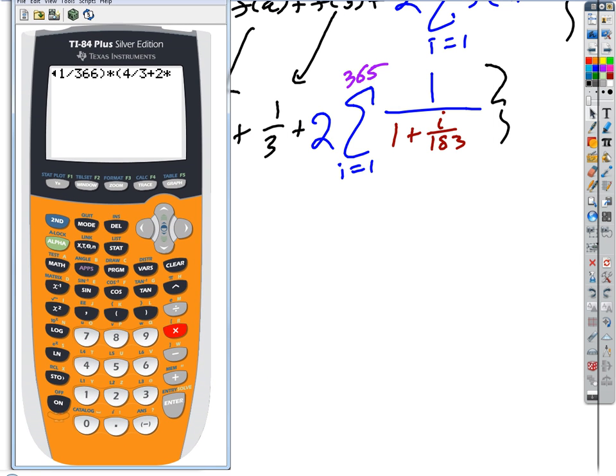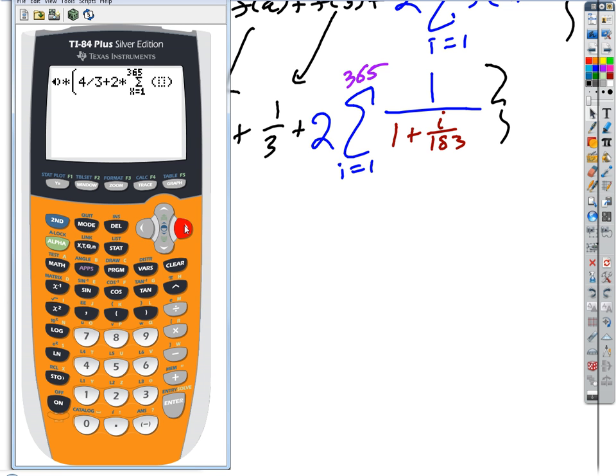The math. Okay, so I go math, and was it 0? What did I do? Oh, there we go. I just can't see it. All right. Goes there. We don't have access to an I, so our only choice for a variable is X. So that's our index variable from 1 to 365.